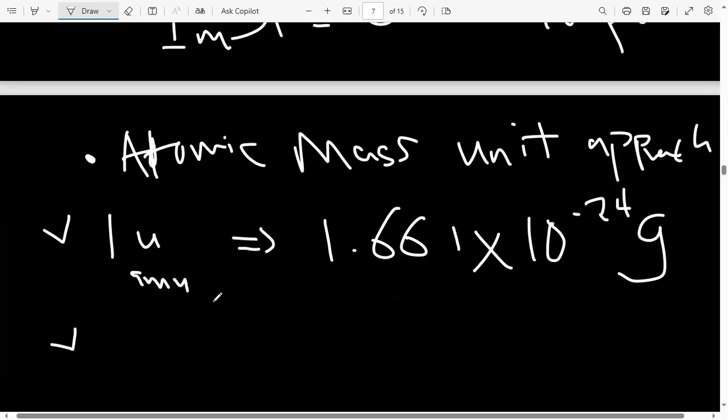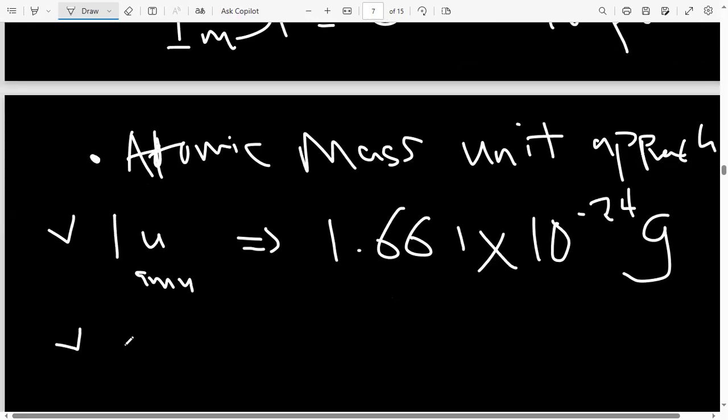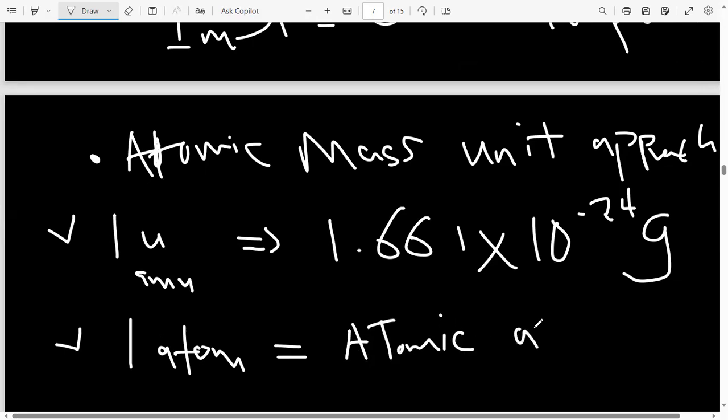And then the other one that you have to know under the atomic mass approach is that one atom of an element is equal to the atomic mass of that element.